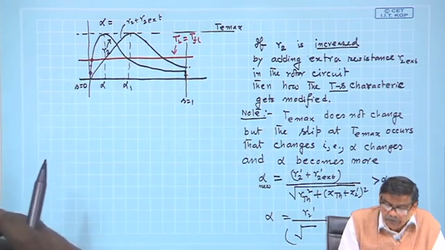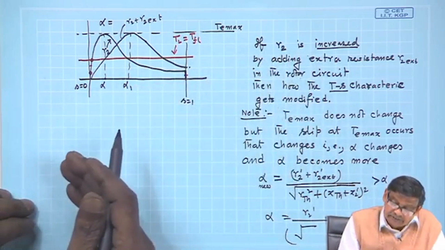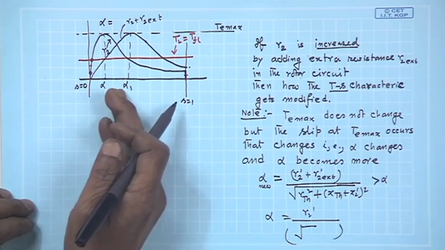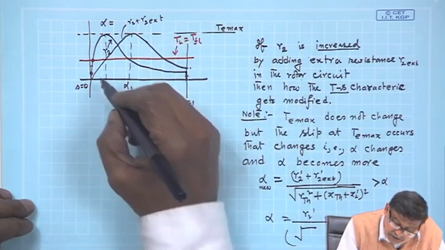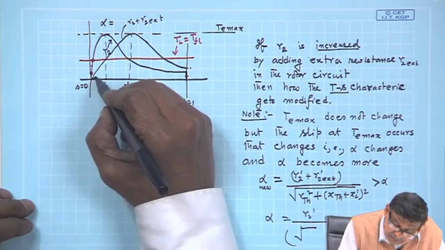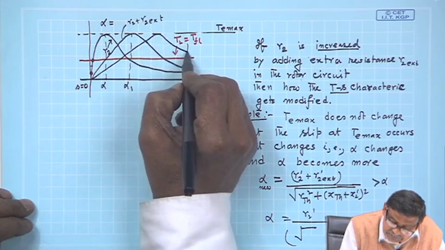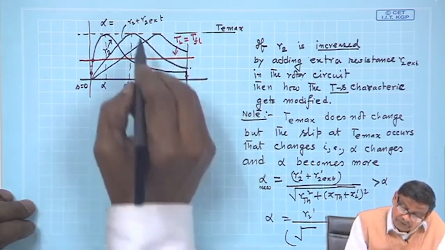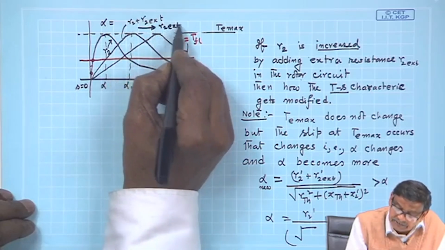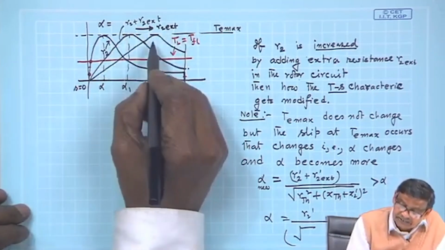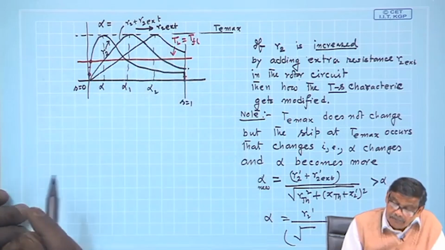So, we will be tempted, and rightly so, because alpha shifts to the right, to further increase R2 external, and then you will get a torque like this. So, R2 external increasing this way, if you further increase, the maximum torque will occur at some value of alpha 2.